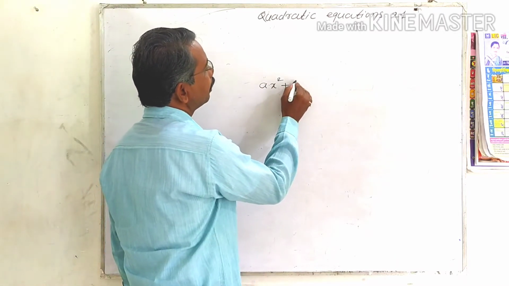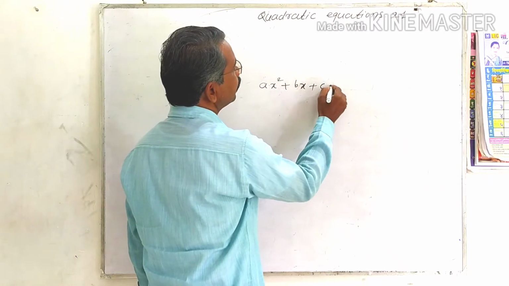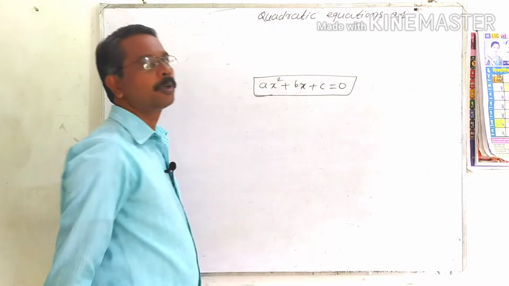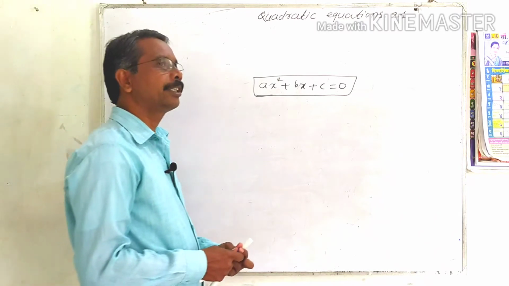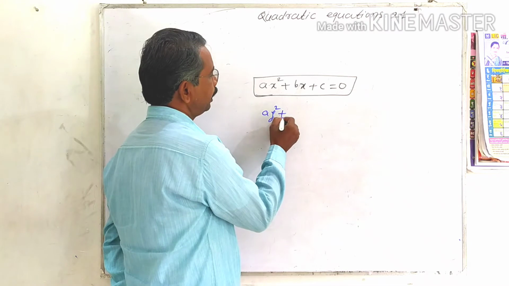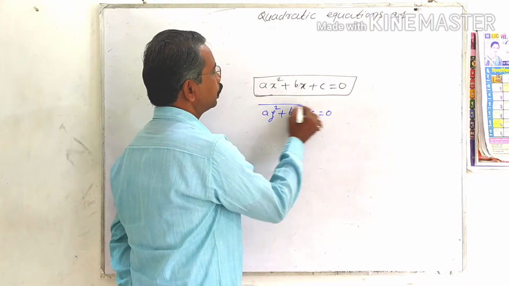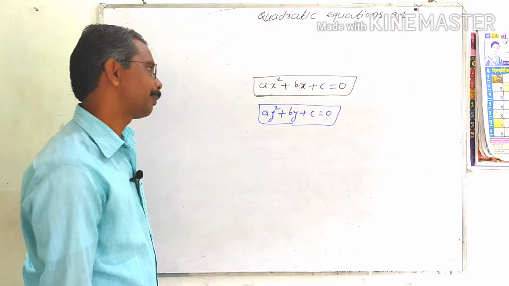ax square plus bx plus c equal to 0, it is the general form of quadratic equation. We can write ay square plus by plus c, it is also a quadratic equation in general form.